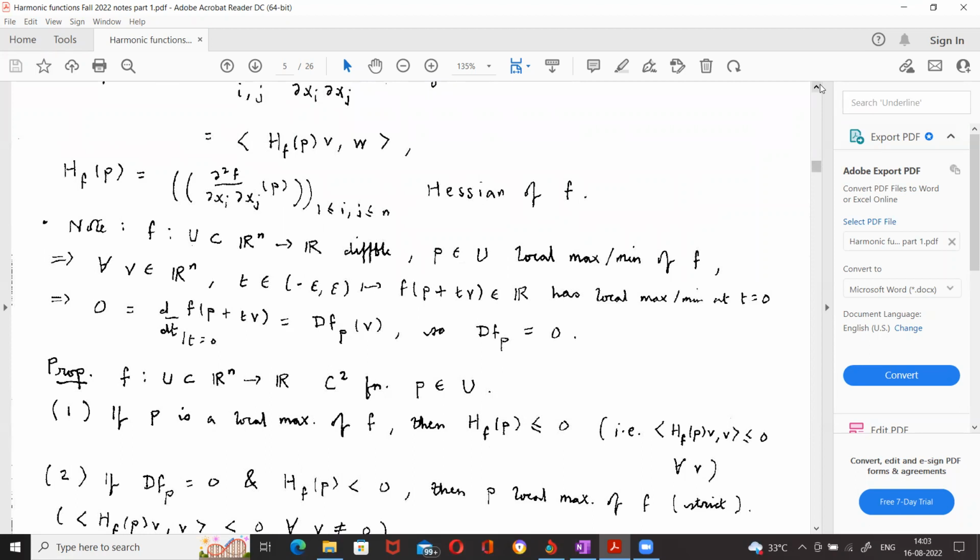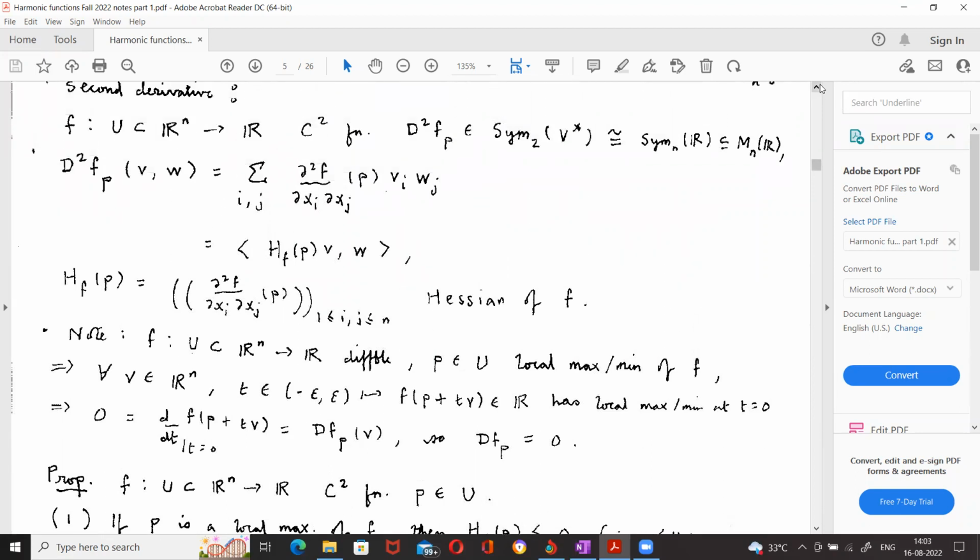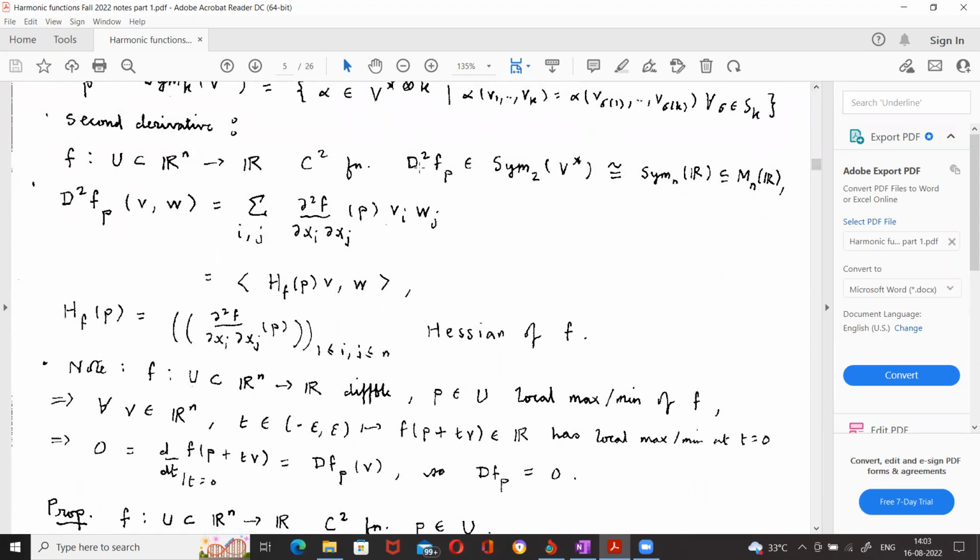And so then we talked about the second derivative. The second derivative is a symmetric bilinear function. If f is a map from R^n to R, a C^2 function, then the second derivative is a symmetric bilinear form. Now R^n is an inner product space, and in an inner product space a symmetric bilinear form can be identified with a self-adjoint linear map, or in other words, a symmetric matrix.